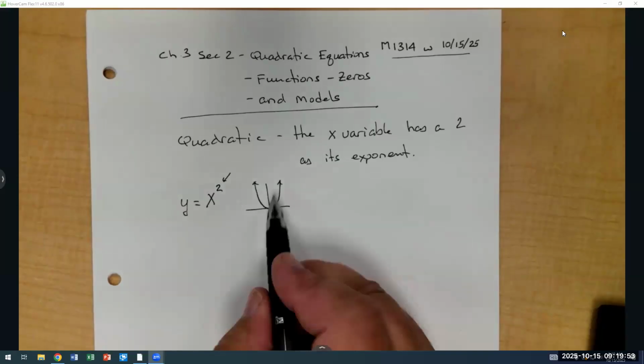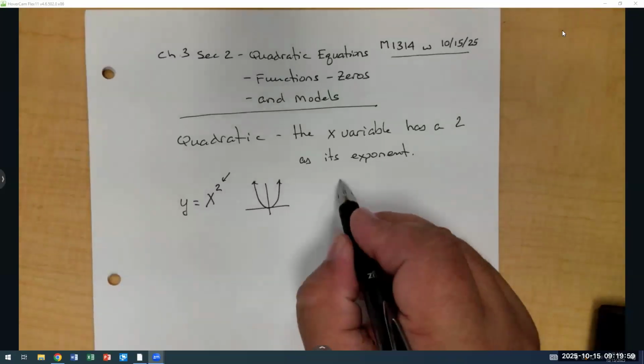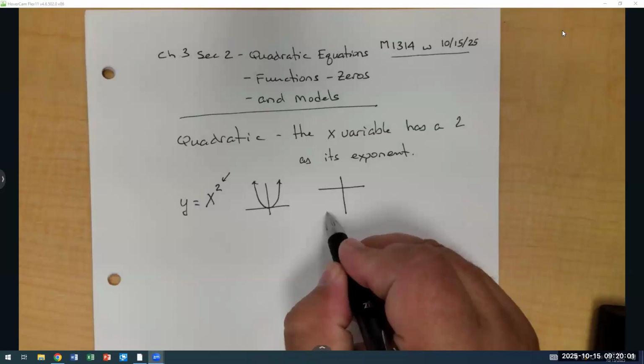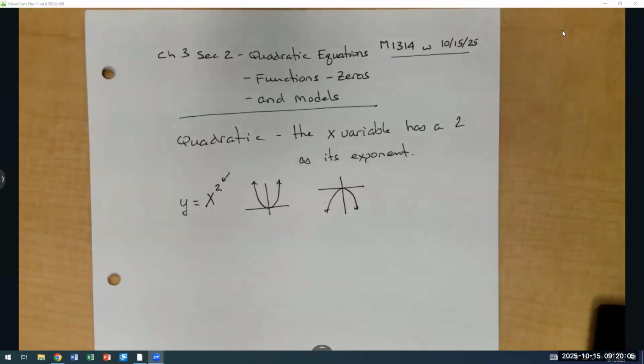Right. On the left-hand side, well, in this case, yes. But I can also have that, which is also a quadratic. So what you said there is correct. On one side it's increasing, on one side it's decreasing. They're opposite slopes on both sides.